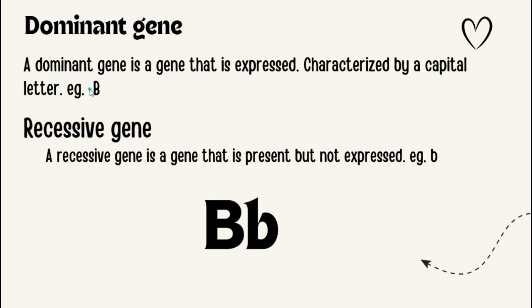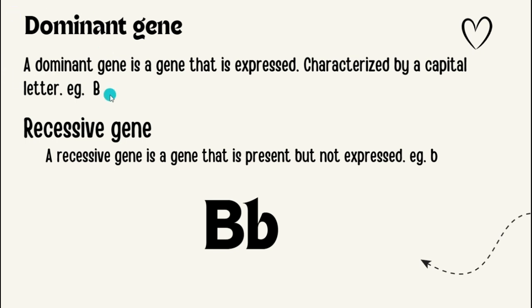Me, I'm going to make it represent black hair, right? But if you get a question or something like that, you might see a big R for red flowers, little r for white flowers. It depends on the question, it depends on the gene and all that stuff. But in this example, just know that the dominant gene is always the capital letter and the recessive gene is always the smaller, the lowercase letter.